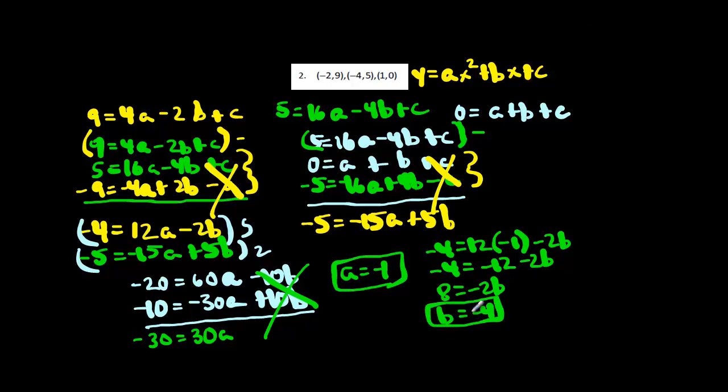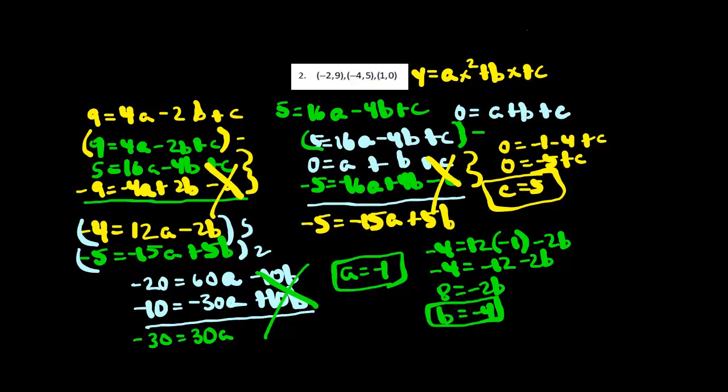Lastly, we have to plug in a and b and find c. So let's do that up here. I'm kind of running out of room. So 0 equals a plus b, so minus 4, plus c. So 0 equals negative 5 plus c. Add 5 over. c is 5.